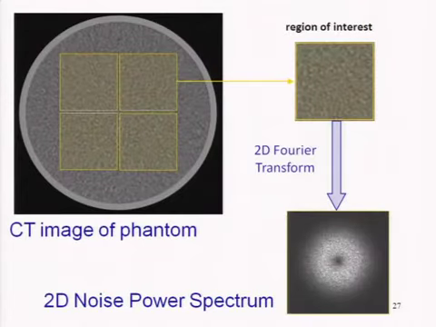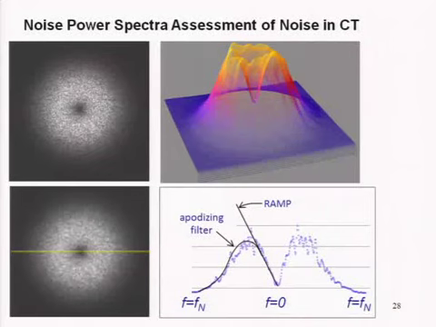And so the idea is that you have the image, you place some region of interest, the 2D FT, after some normalization, you get the 2D noise power spectrum here. I'll just point out to you, if you're wondering what this donut is, the donut is the noise power spectrum integrated over 2 pi. The center of that right here, going along a line, is really the ramp filter that's, of course, part of the back projection regime.